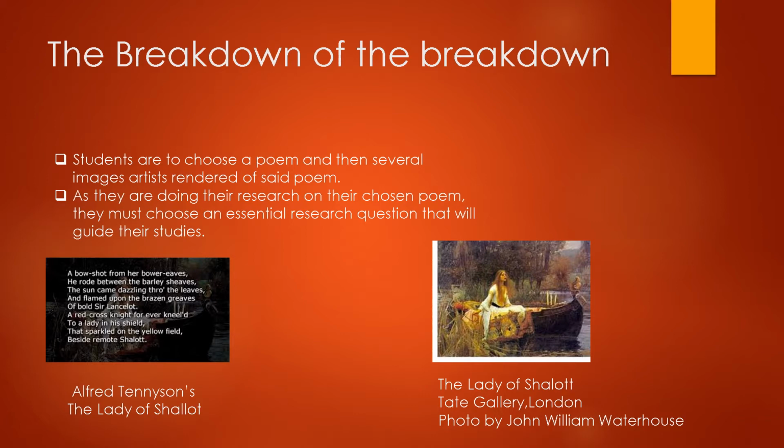And on the right is an artist's rendering of what they think the Lady of Shalott looks like. And this is how they're going to curate it. They're going to take a poem, then take pictures that have been inspired or that were co-created or coincide with the poem and its artwork. And that's how it's going to work.